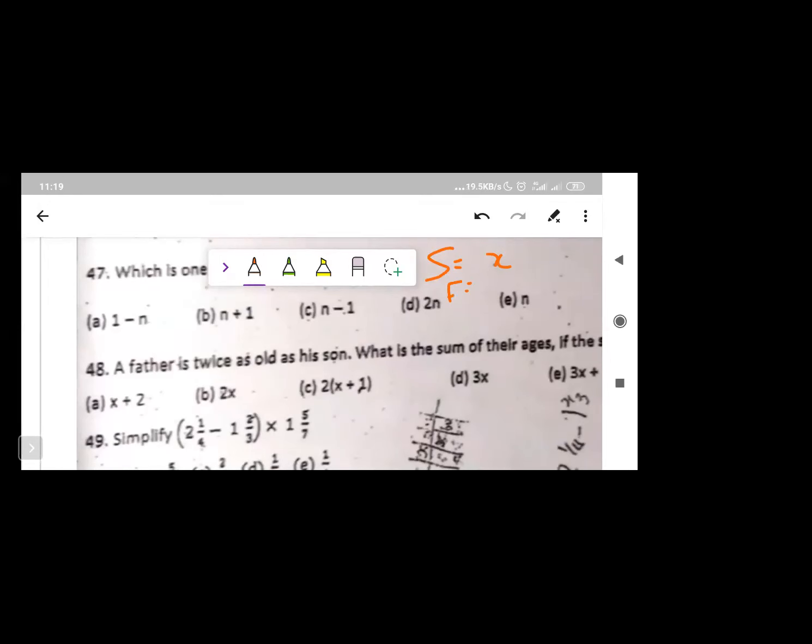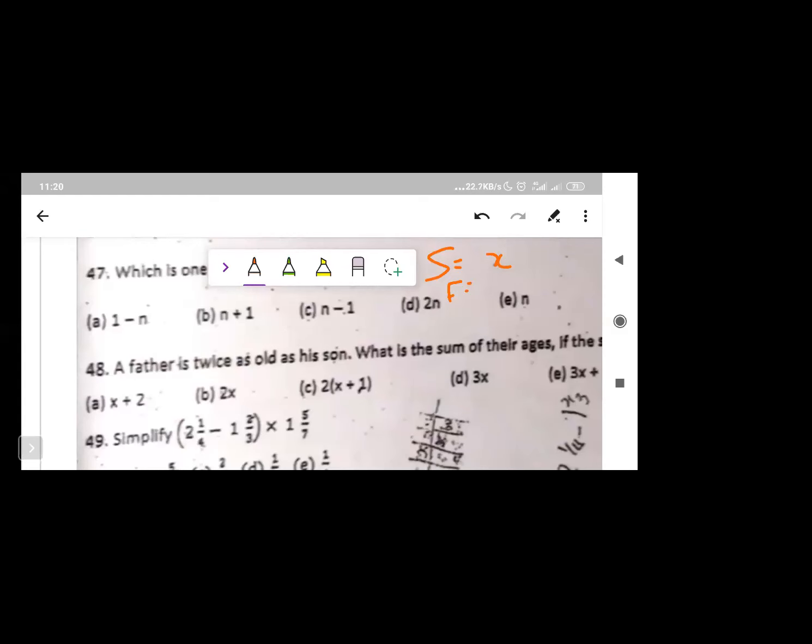So like here too, the father is twice as old as his son, meaning that if the son is 10 years old, the father is 20 years old. If the son is 15, the father is 30. If the son is 25, the father is 50. So that is what they mean by twice as old as his son.